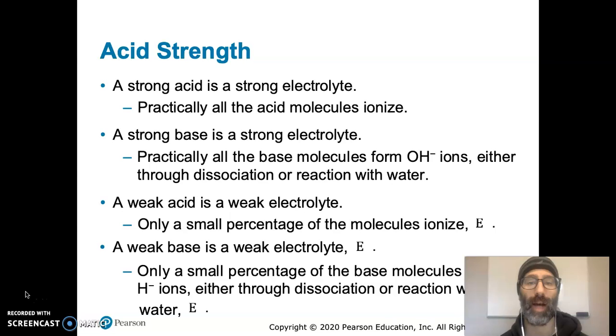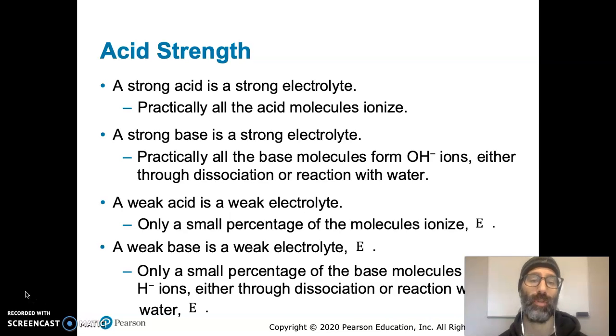The hydrogen and the chlorine are not ions. They're bonded together in a covalent bond. However, they're special in the sense that when you put acids into water, the water molecules will pull them apart and they become ions. So you are ionizing them.